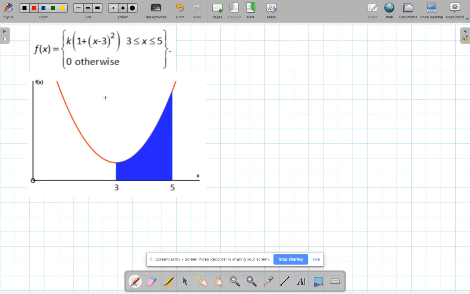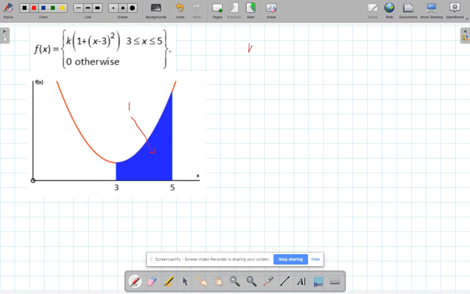And this is a continuous probability function, which means this part in here, this blue part, has an area of 1. So what I'm going to do is write out this thing here, and show how I can get the k value first of all.